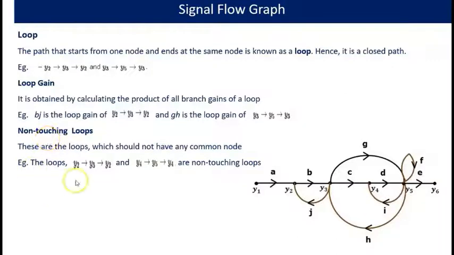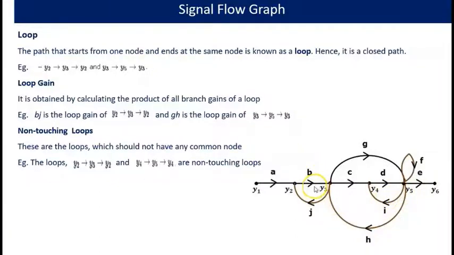Now, the last one, non-touching loops. What are non-touching loops? Loops are said to be non-touching if they do not possess any common node. So here, y2, y3, y2 and y4, y5, y4 have no common node.